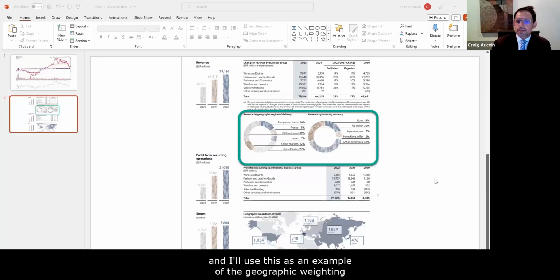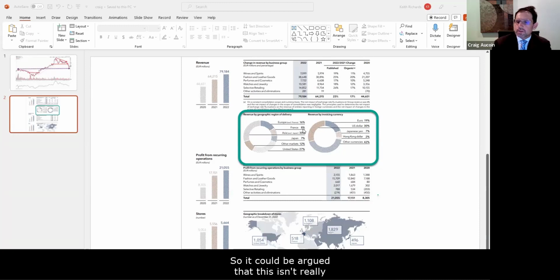I'll use this as an example of the geographic weighting of the company. This is taken from the Louis Vuitton annual report, and you'll see in the green highlighted area that France is only 8% of the revenue that they generate.